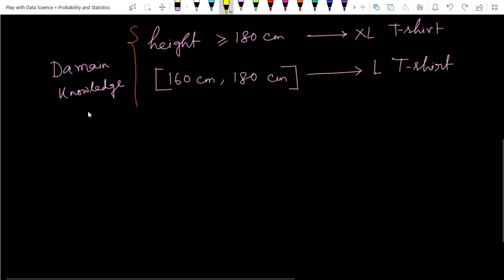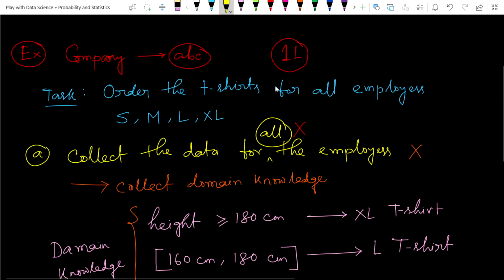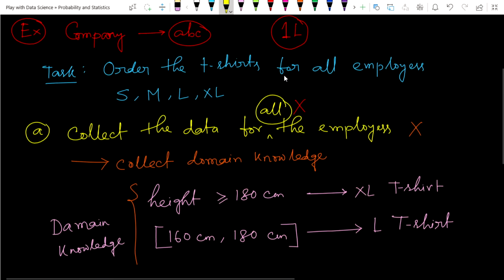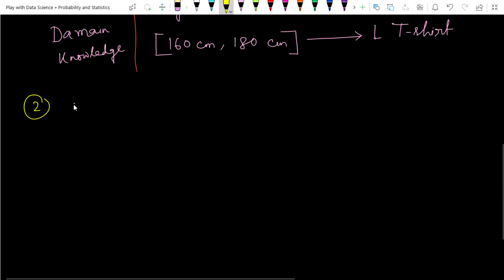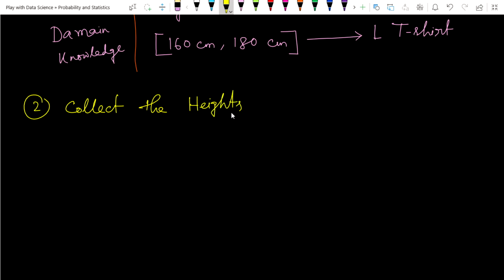In the second step, we have to collect the height of random sampled data from the whole population. Here the population size is 1 lakh. Suppose we collect the heights of 500 random employees.